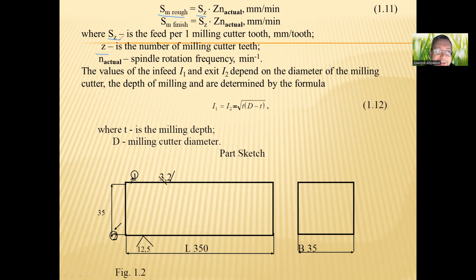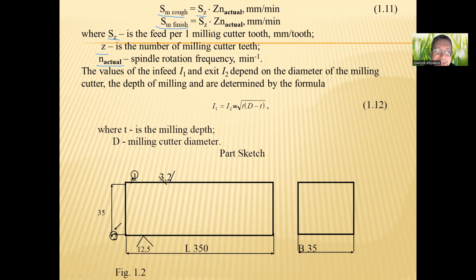S suffix Z is the feed per one milling cutter tooth. And n actual is the spindle rotation frequency. And s suffix m finish will be equal s suffix z multiplied by z multiplied by n actual.